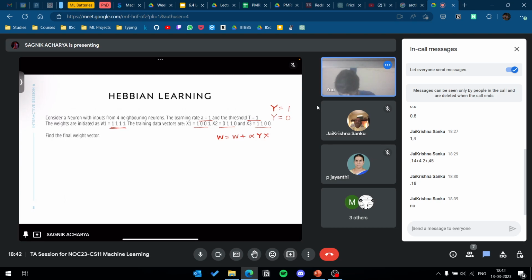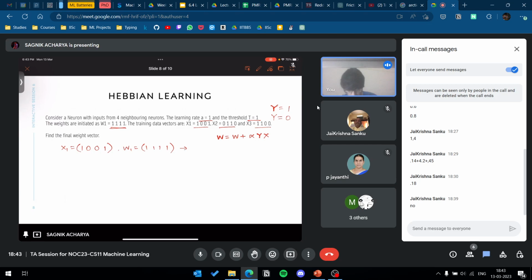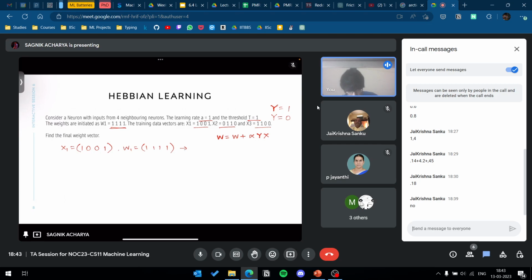In this case, x1 is equal to 1001, and w1 is equal to 1 1 1 1. Now we will calculate the weighted input, the dot product between w1 and x1, which is equal to 2, greater than 1, which implies my y1 is equal to 1.